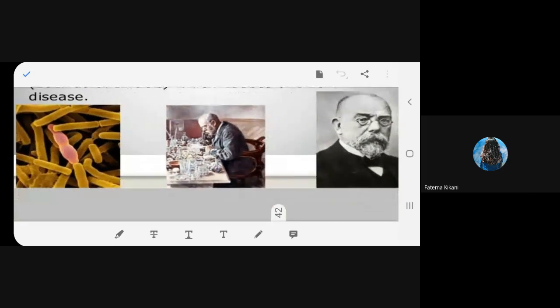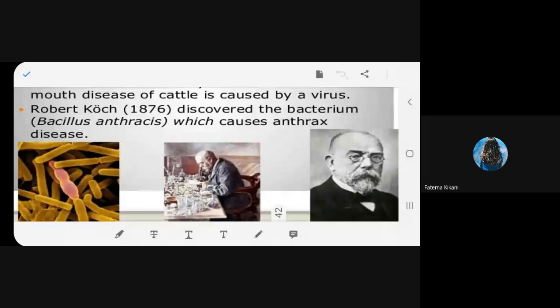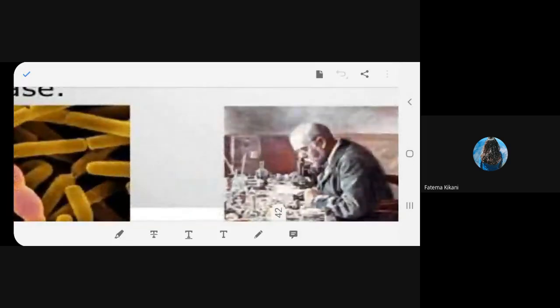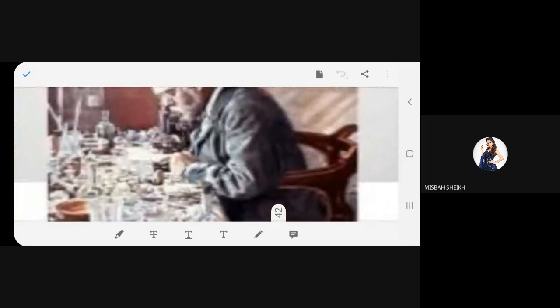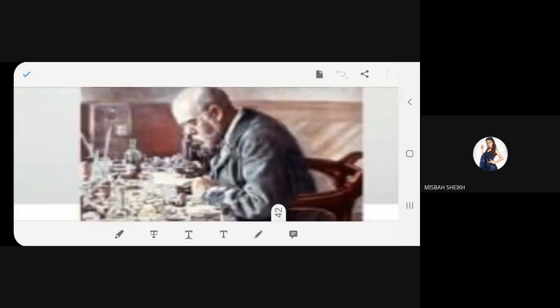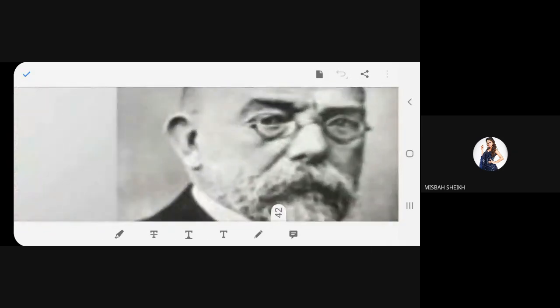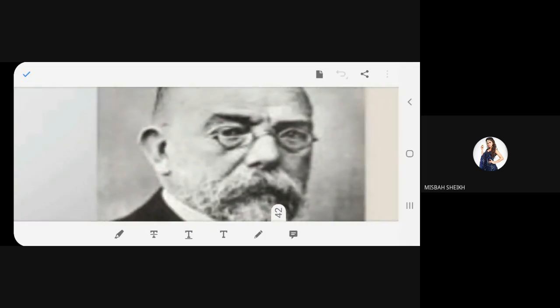So you can see over here, this is the Bacillus. This is the bacteria. Can you see this bacteria? Yes, ma'am. And he's Robert Koch. You can see he's researching. He was a scientist. Is it clear? Yes, ma'am.